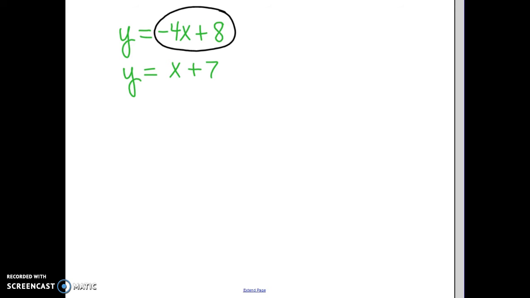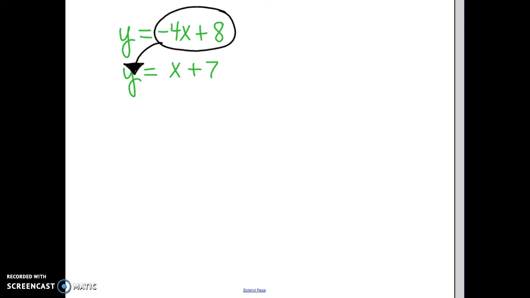So we will replace the y in the second equation with the negative 4x plus 8, writing a new third equation. In my new equation, I do not use y. Instead of using y, I use the expression circled.